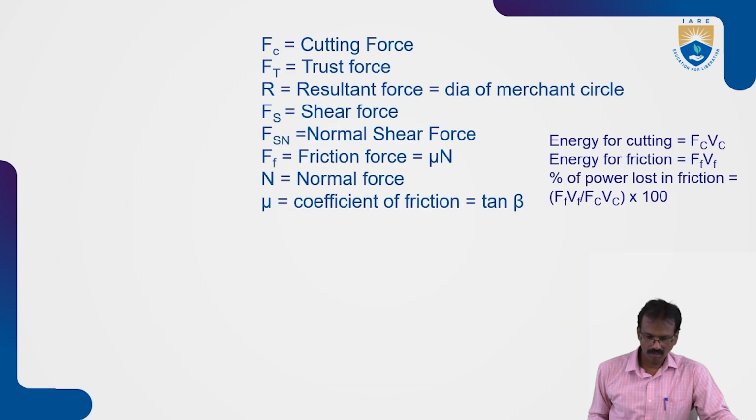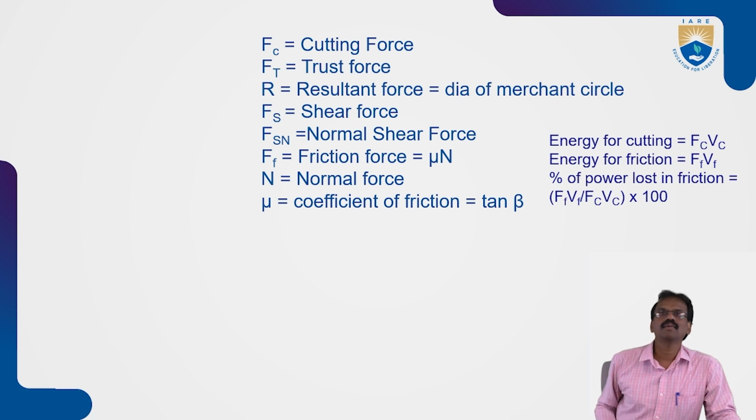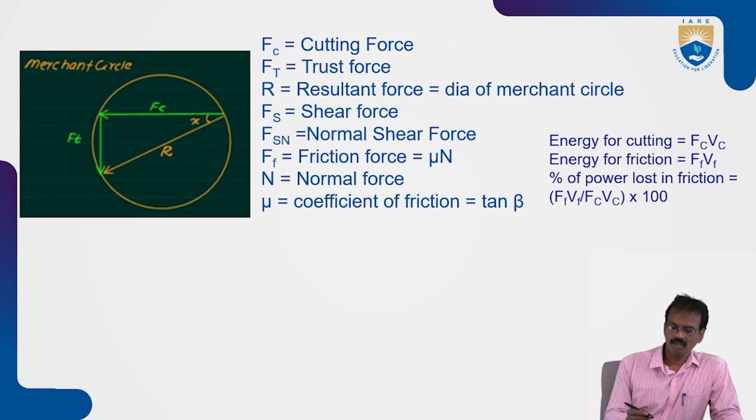In the previous class we already discussed the Merchant circle, in which we have three triangles. The triangular method we already explained in the previous class also. This one is the workpiece.